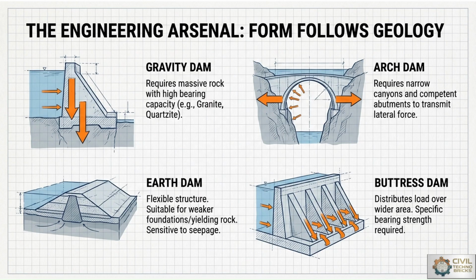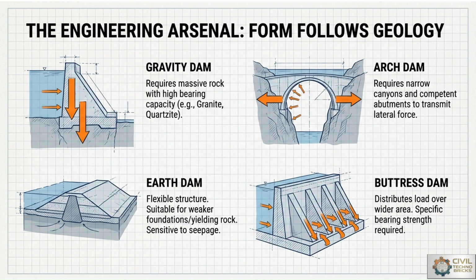Arch dams are suitable in narrow valleys with very strong abutments capable of resisting arch thrust. Earthen dams are preferred where wide valleys and relatively weaker foundations are present. At the end, buttress dams reduce concrete quantity but require stable and uniform foundation conditions.